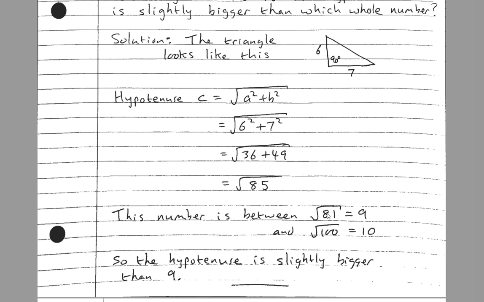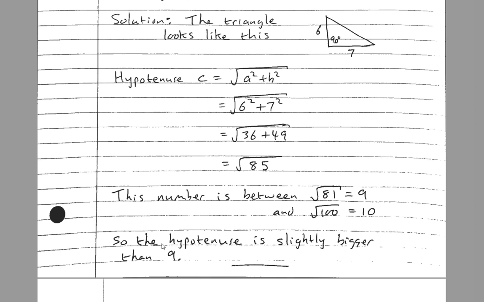Okay, so it's between these two perfect squares, 81 and 100. Without using a calculator, though you could check on your calculator, the square root of 85 is 9 plus a little bit more, so 9 point something.